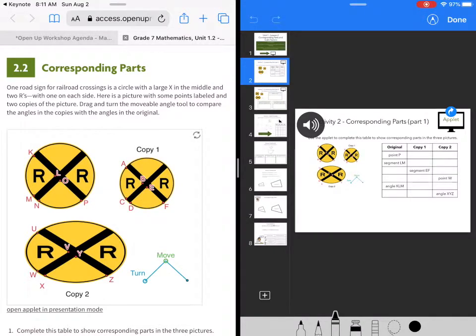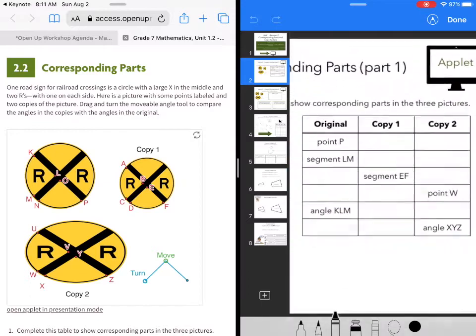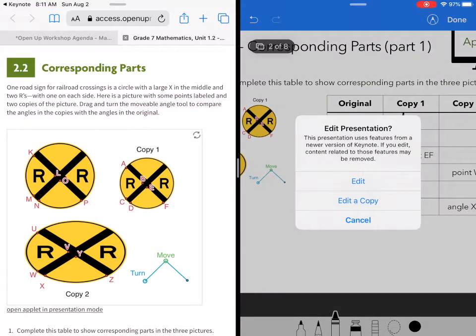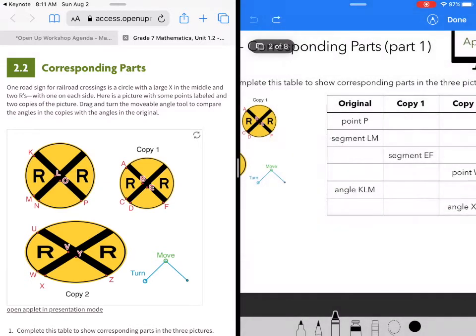So the corresponding point in copy 1 would be F. So I'm going to put F. Then the corresponding part to P in copy 2 would be Z. Then it says line segment LM. So I'm looking at line segment LM, which is on the left-hand side of the original. So LM would be the same as BC, and would be the same as VW.